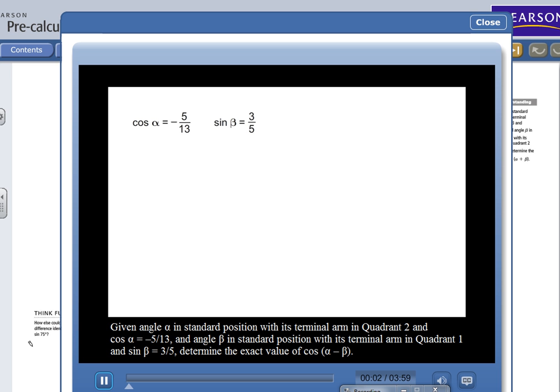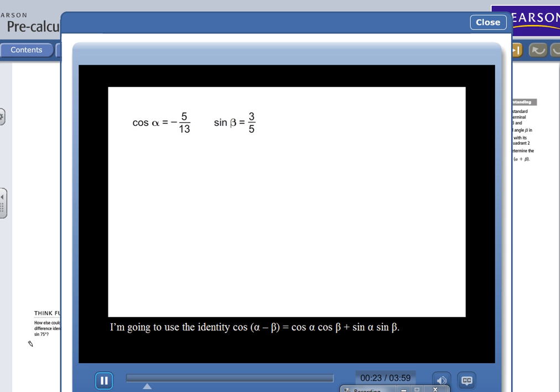Given angle alpha in standard position with its terminal arm in quadrant 2 and cosine alpha equals -5 over 13, and angle beta in standard position with its terminal arm in quadrant 1, and sine beta equals 3/5, determine the exact value of cosine alpha minus beta.